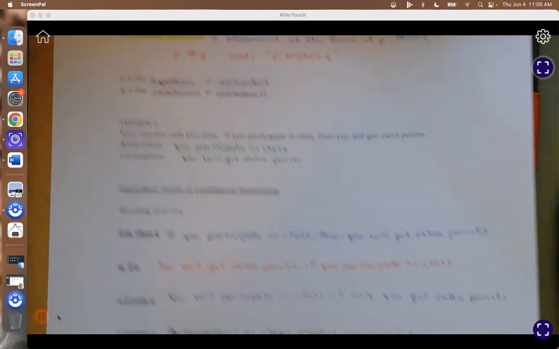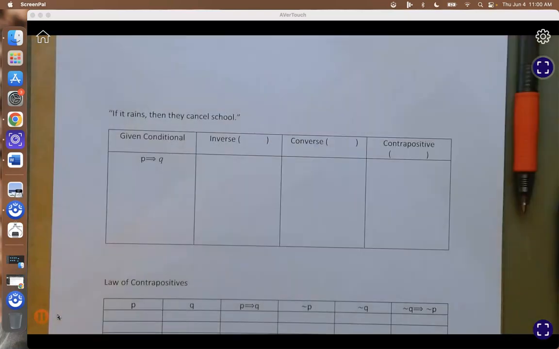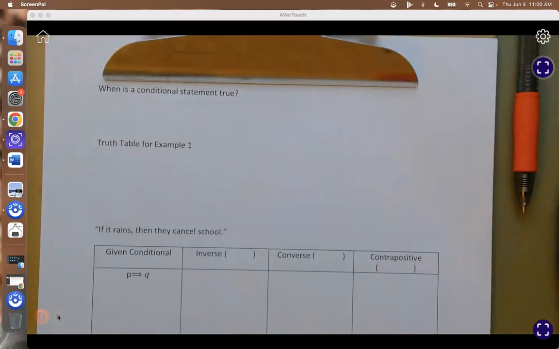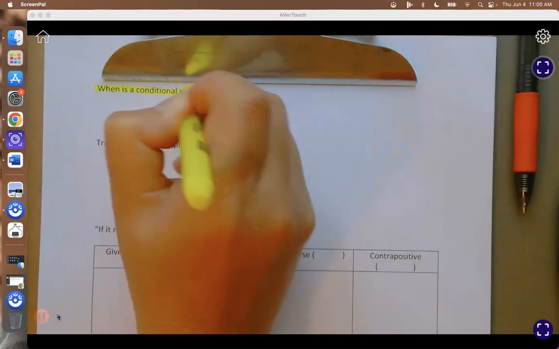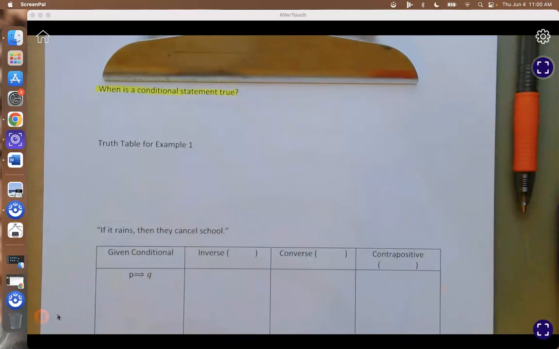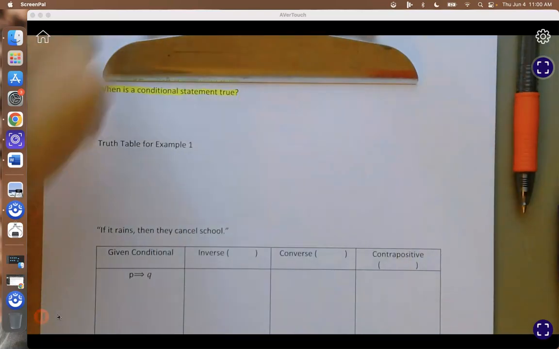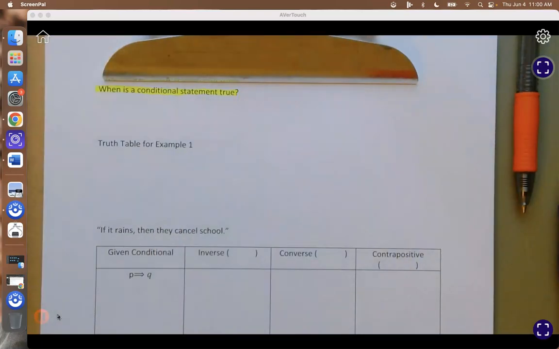Now, this is very, very, very important. This next piece. When is a conditional statement true? Okay, so this is important for our truth tables. How do we know when a conditional statement is true? All right.